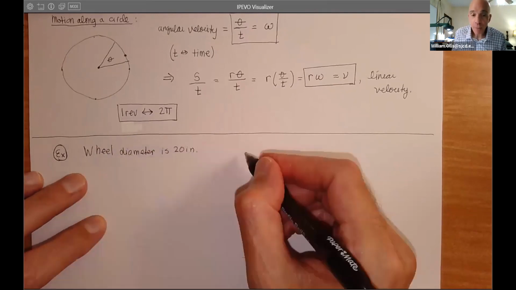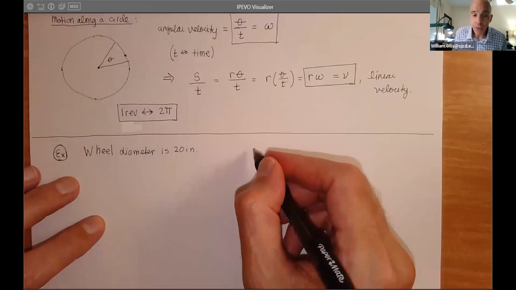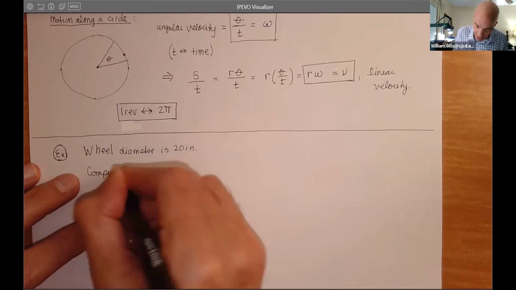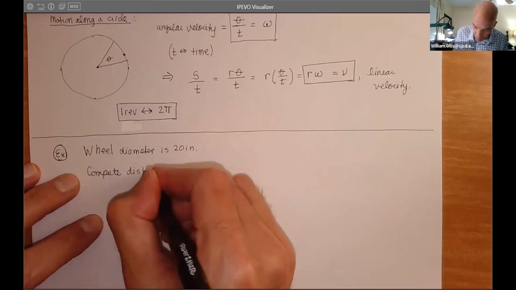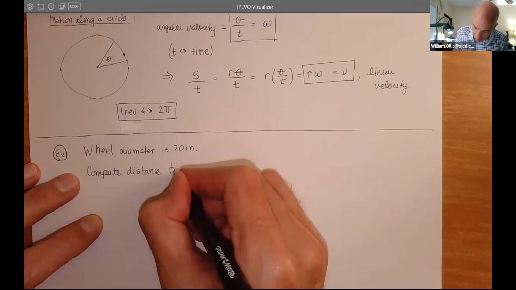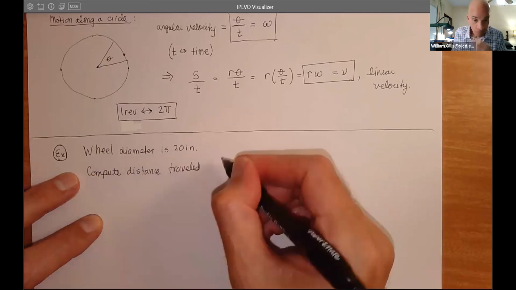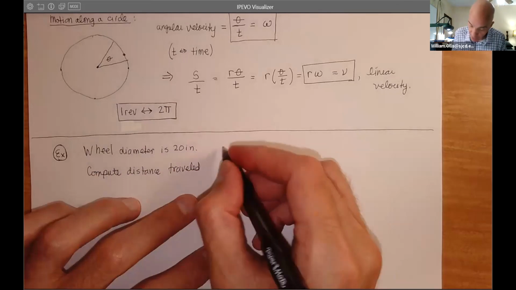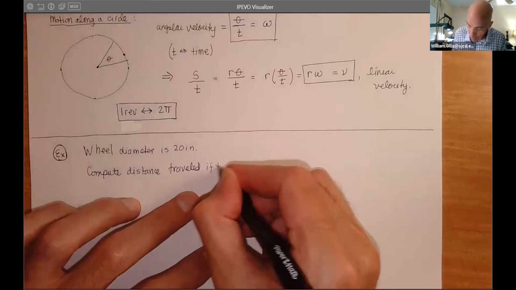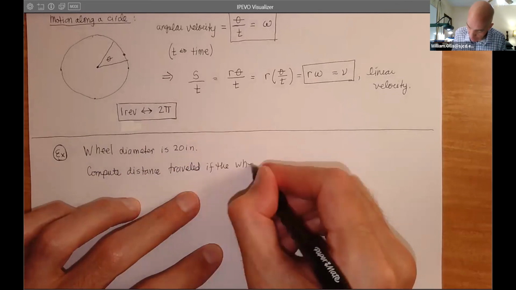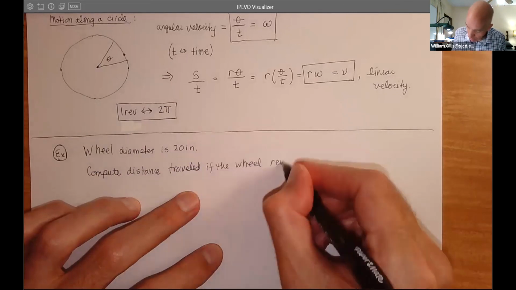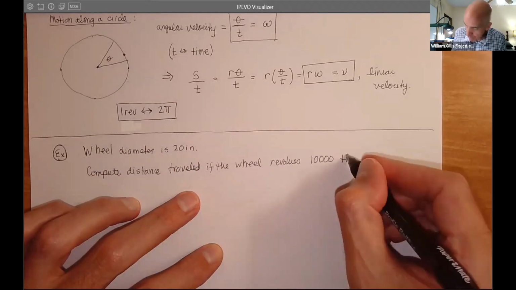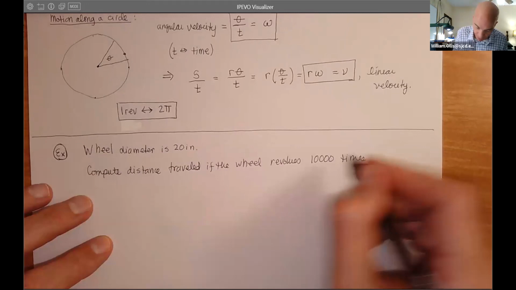And we want to compute the distance traveled if the wheel revolves 10,000 times without slipping.